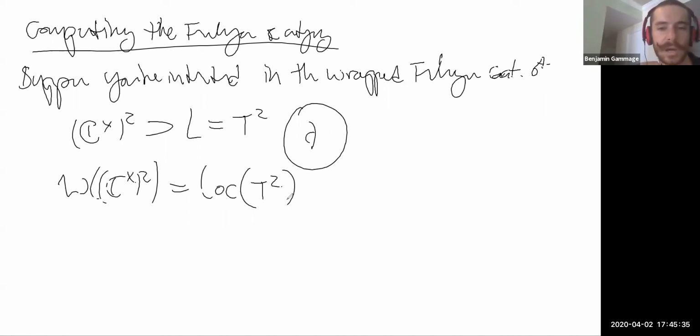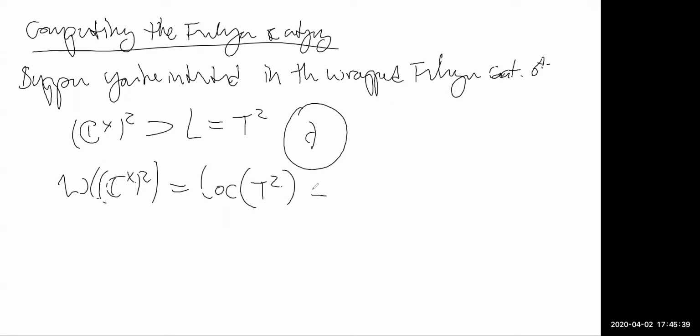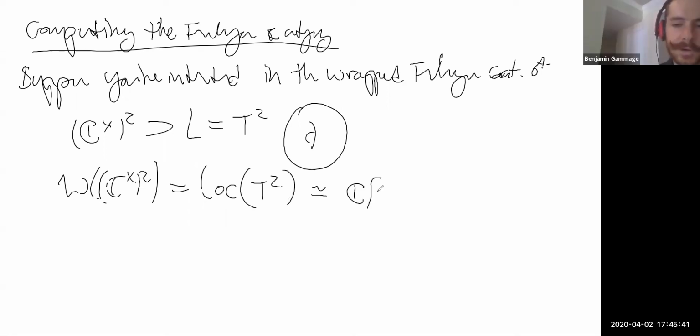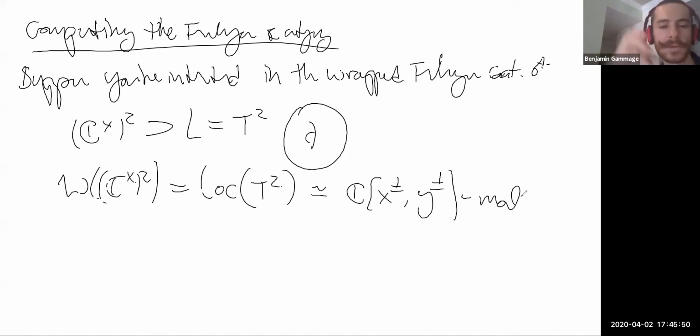And so this category is, of course, modules over C adjoin x, y, x inverse, y inverse. If I want the wrapped, I should really say perfect. Okay, I'm not caring about categorical details right now. This is just a sketch of a calculation.